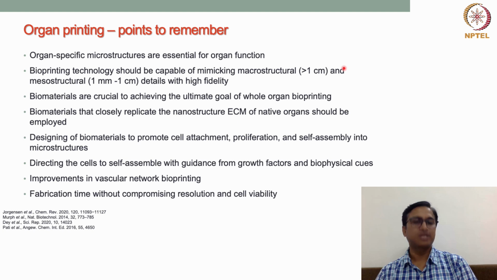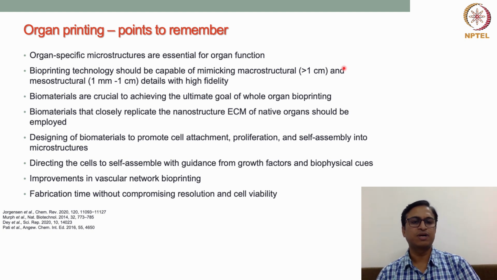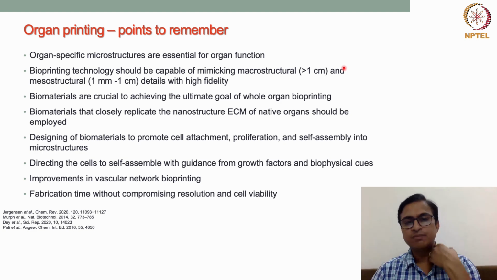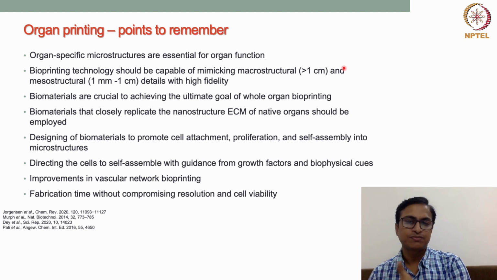We need to understand what types of biomaterials to use, what are the different ways we can use them, and how we can recreate the extracellular matrix complexity with them. If we can understand those things, then only will we be able to print the whole organ.